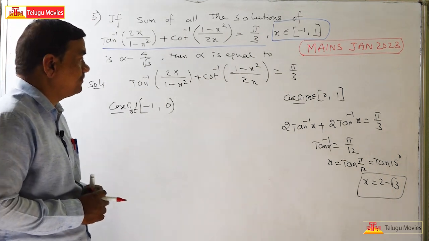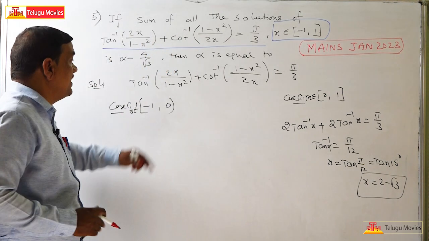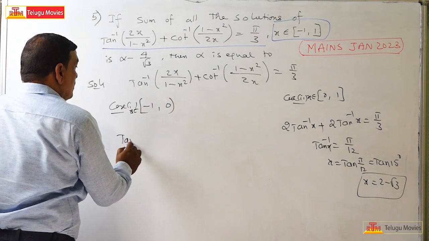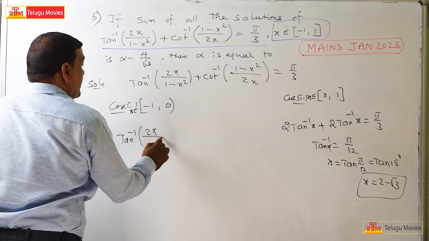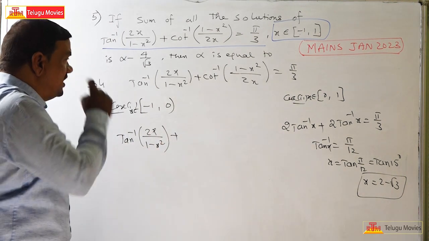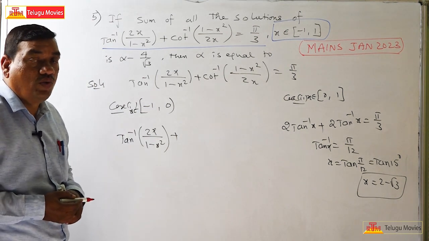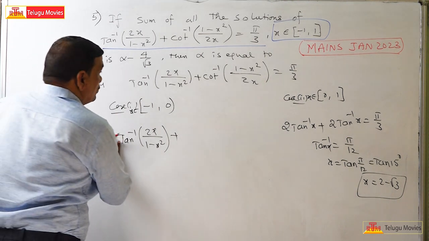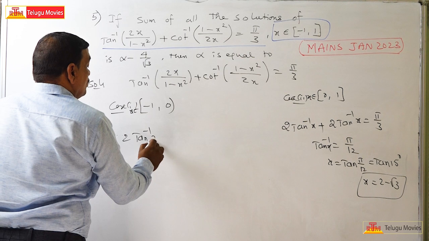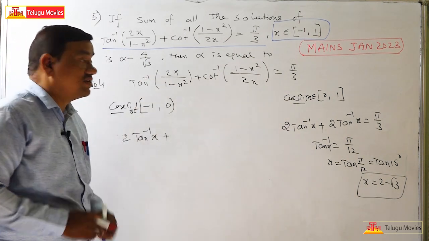Okay, na? So, put it like that. Now, coming to this second case, when negative is there, so this will become tan inverse of 2x by 1 minus x square, no problem. So this, when x belongs to minus 1 to 0, this is equal to 2 tan inverse of x.